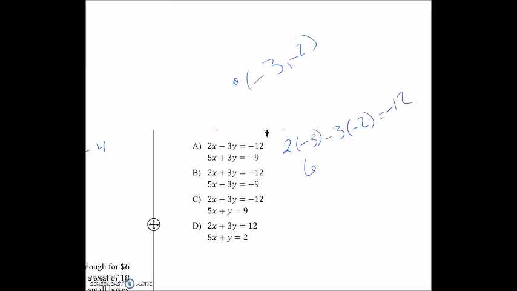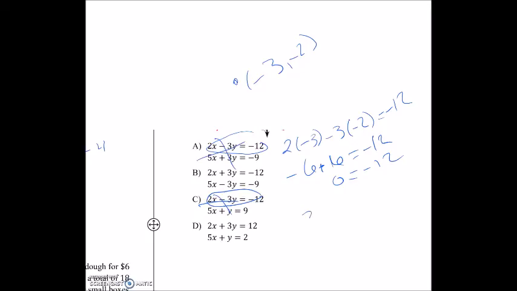So that's -6 plus 6, sorry, is 0. That is not true because this would be 0 equals -12. So this part of the answer is wrong. So that one's wrong, that one's wrong.